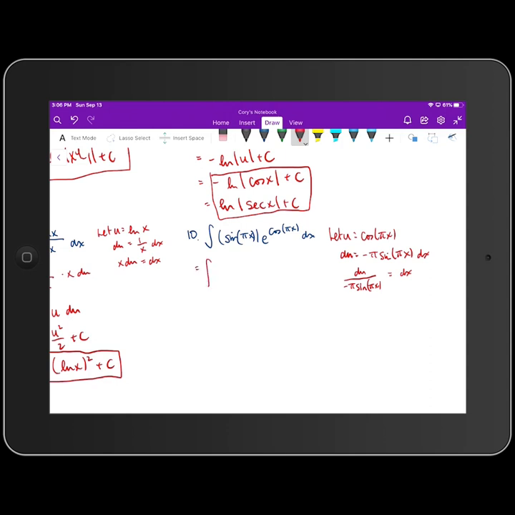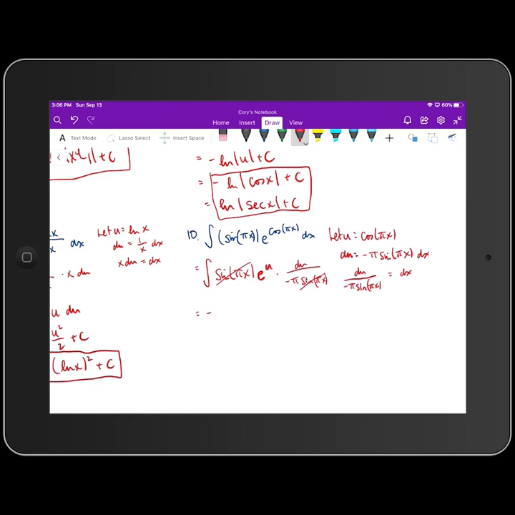So this becomes the integral of the sine of pi x times e to the u power, and then we're going to replace dx with du over negative pi times the sine of pi x. So the sine of pi x is canceled.